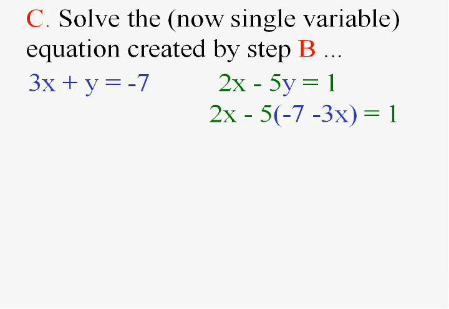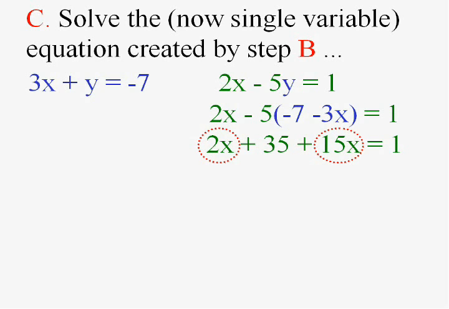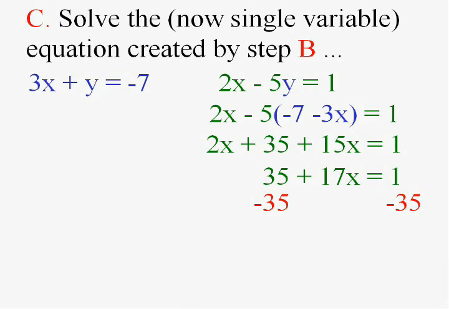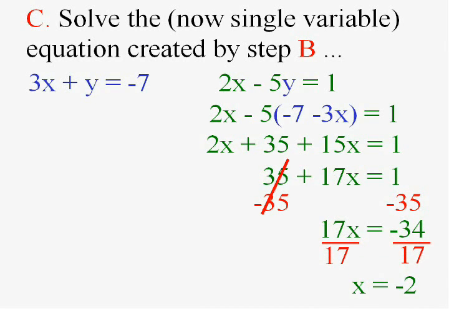Now with that equation that only has one variable, let's solve it. I'm going to put the like terms together that are on the same side. I have to get x alone now, so I'll subtract 35 from both sides, and I'll divide by 17 to get x alone. And in this case, x will be negative 2.